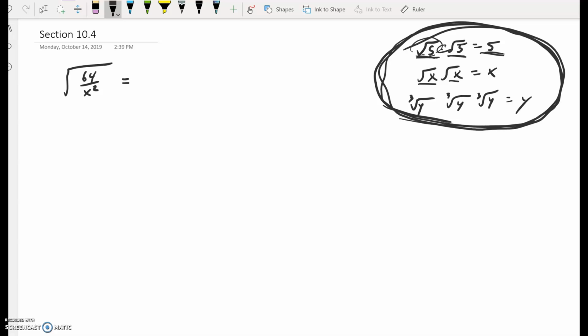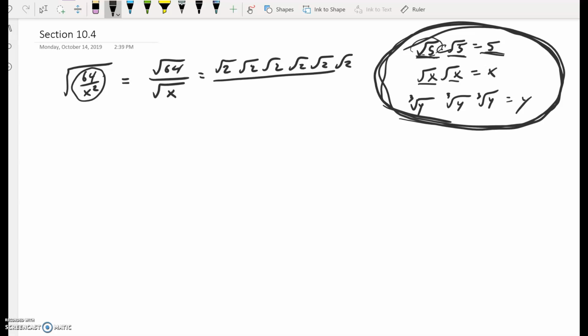Just like the square root of a product is the product of the square roots, the square root of a division or a fraction is equal to the fraction of the separate roots. You can break apart a division or a multiplication. Now 64 can be thought of a lot of ways, but one of them is this way.